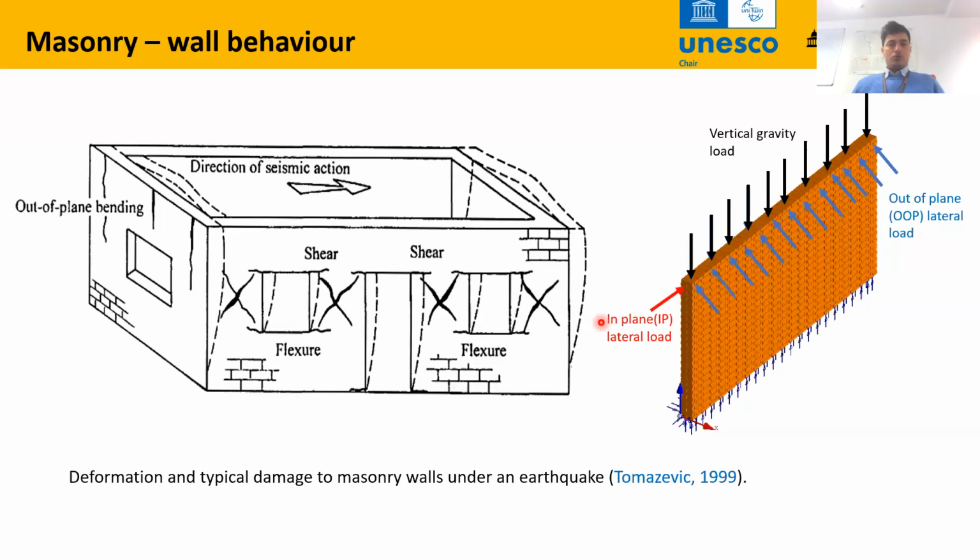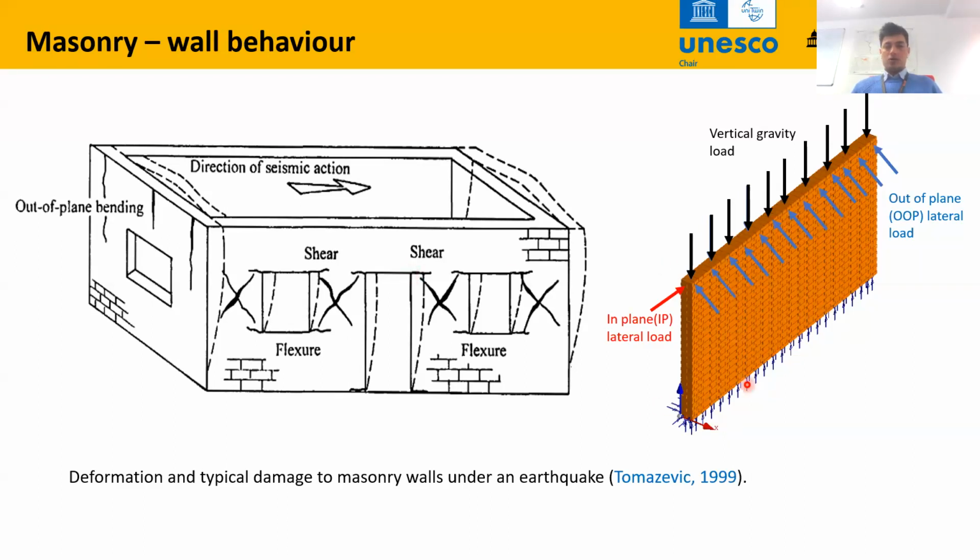Now we move into the wall level. Here in this figure, we have an assemblage of 4 walls, and for the direction of seismic action in this direction, this wall and this wall are under out-of-plane loading. Out-of-plane means perpendicular to the wall face, and the 2 long walls are subjected to in-plane lateral loading.